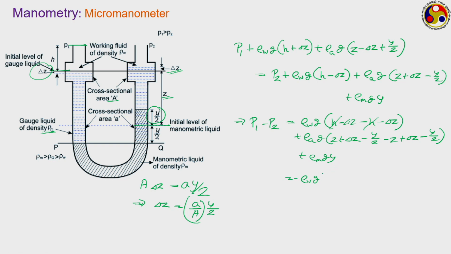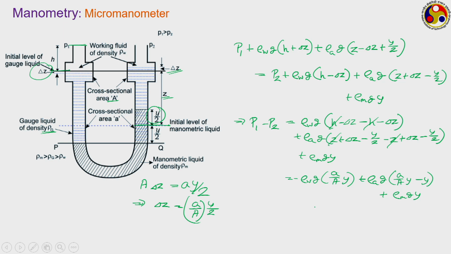So 2 delta z remains, and this 2 delta z can be converted in terms of areas as small a by capital A into y, plus for the gauge fluid rho g into z. So here z goes off, but 2 delta z is there, which again becomes small a by capital A into y minus y, plus rho m g into y.